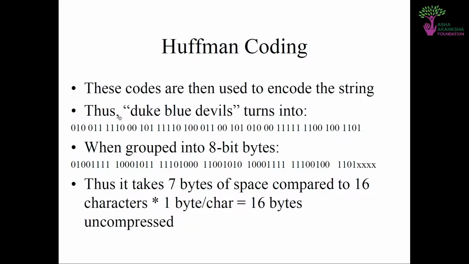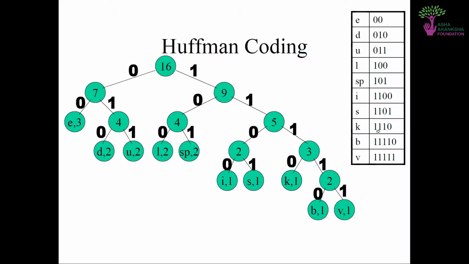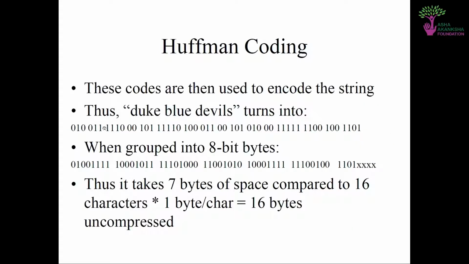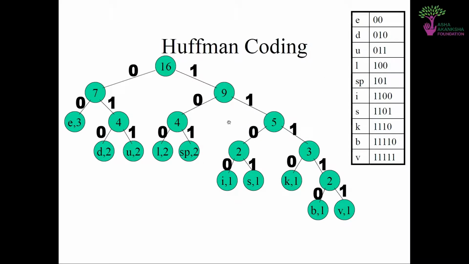Then for K we had 1 1 1 0, so we assign it 1 1 1 0. Then for E we had 0 0. Then for space, keep in mind we have to take space into consideration. Space had 1 0 1. Then B had 4 ones and a single 0. In this way, we convert all of these characters into their bit form according to the tree we created.